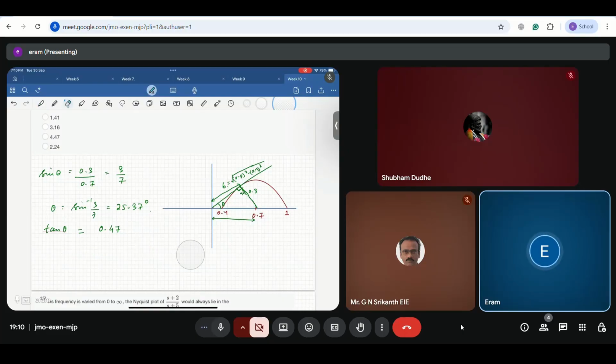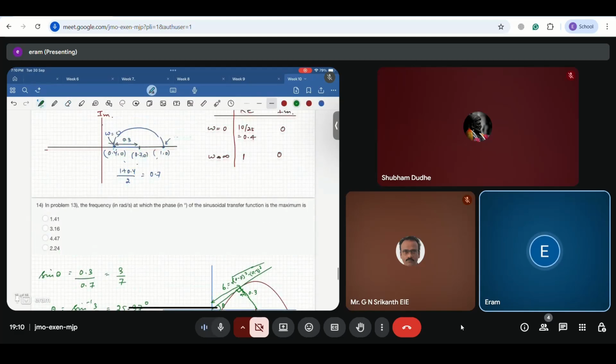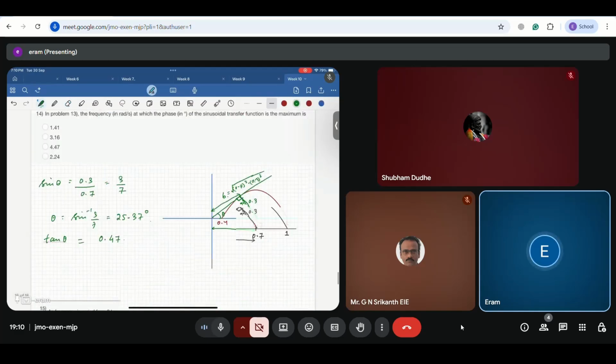No need to do this; we can do this with the real and imaginary part only.